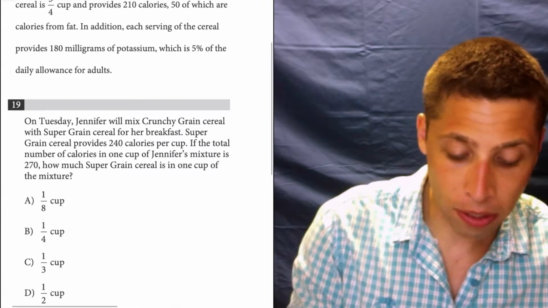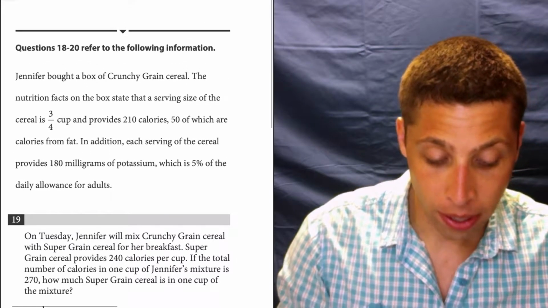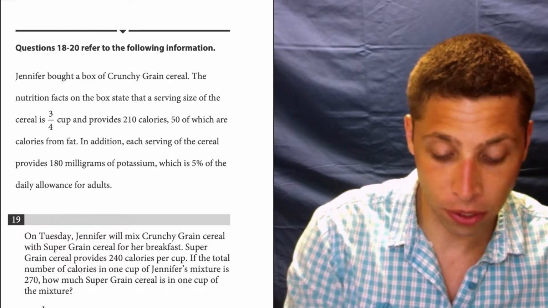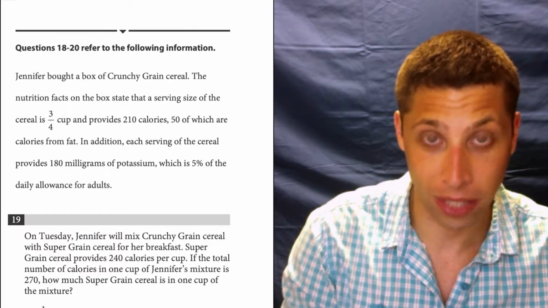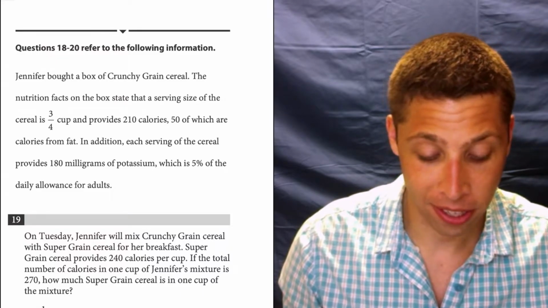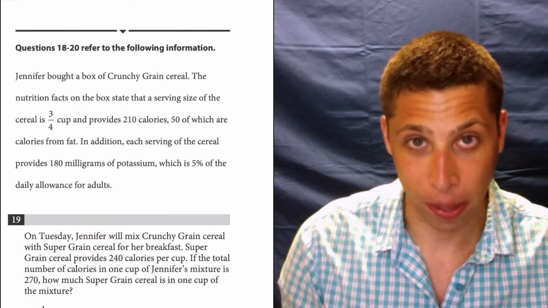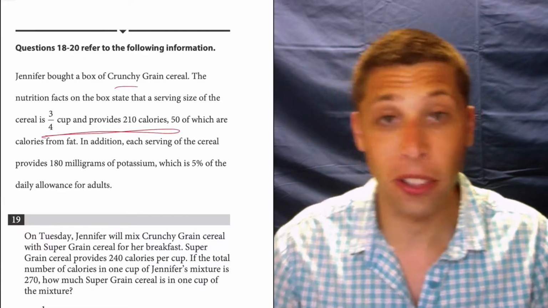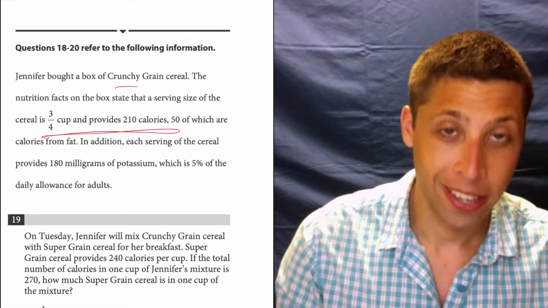Now we're also asked about crunchy grain. Here they say the nutrition facts in the box state that a serving size of the cereal is 3/4 of a cup. That provides 210 calories, 50 of which are from fat. I don't care about that. But crunchy grain has this weird thing going on. What would I do?